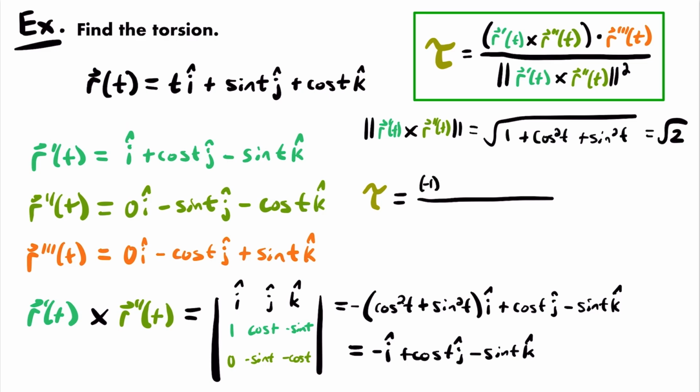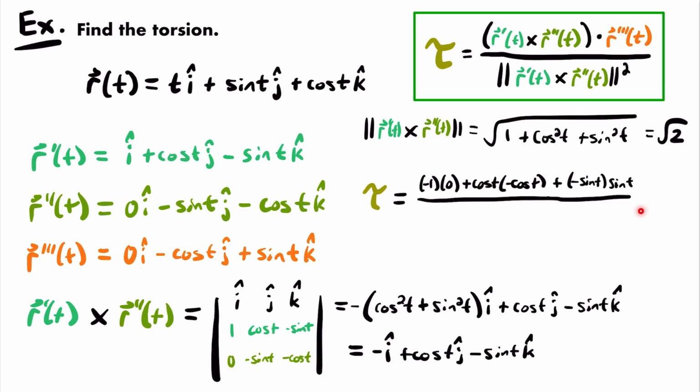So we get negative 1 times 0, and then you'll add that to cosine t times negative cosine t. So we have plus cosine t times negative cosine t, and then you want to add that to negative sine t times sine t. We're just multiplying the z components. So we have negative sine t times sine t.